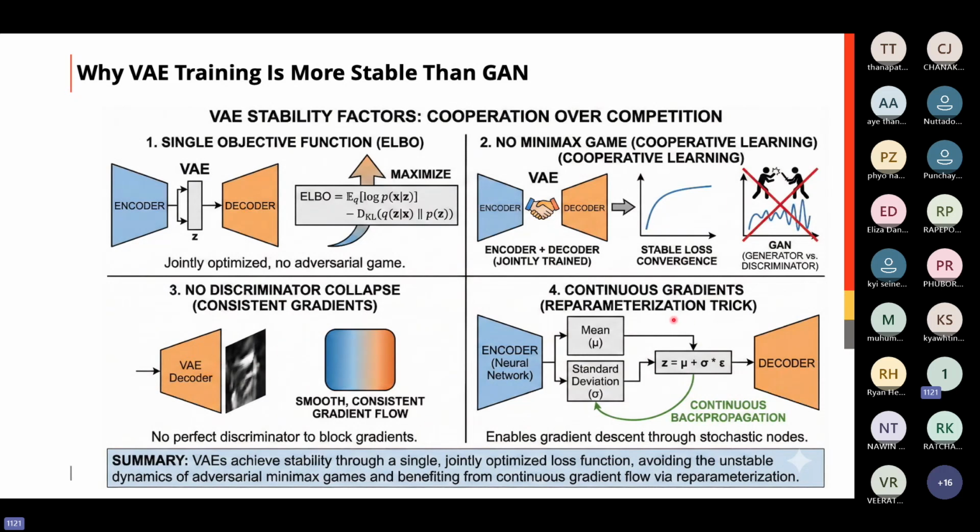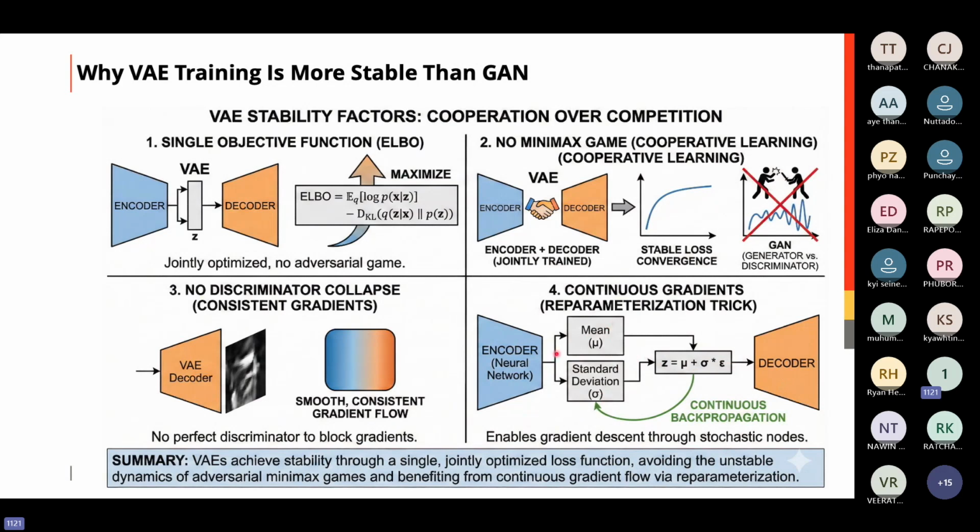And you have this reparameterization trick which allows continuous gradient. It allows you to combine the mean into C and then mix together to produce the decoder input. So with this, it enables gradient descent to learn through the stochastic node here.